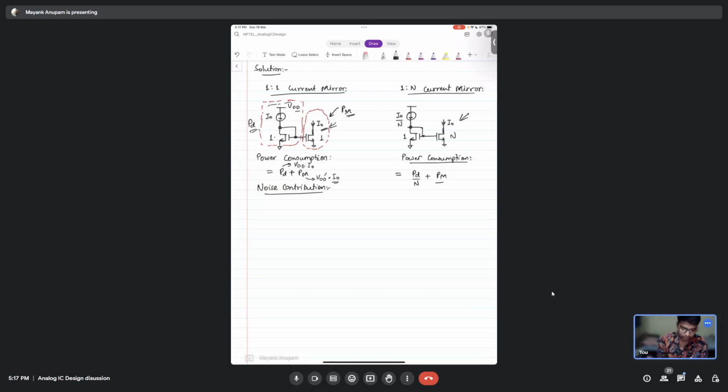In the other case, you can simply see that current I naught is scaled down by n times. So the same VDD, but current is reduced by n times. That is why PD is reduced by n times. But PM, this part here, nothing is changing, right? Current I naught is flowing here also, and they both come from the same supply VDD prime. So that is why PM is the same.